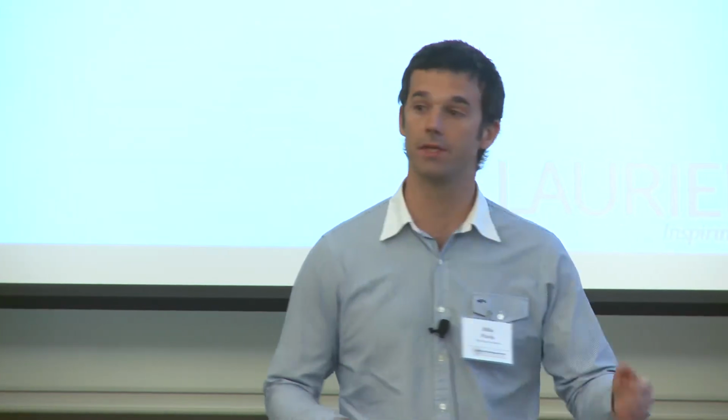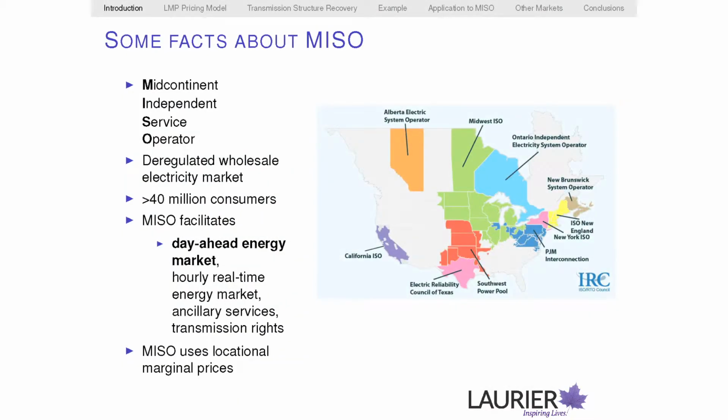Both the demand and supply side submit bids, and a commitment is made to supply energy at those prices the following day. In addition, there's a balancing market. If your demand happens to be a little higher than you anticipated, you're able to buy on a real-time energy market. And then there's also the ancillary services market, which basically provides reliability.